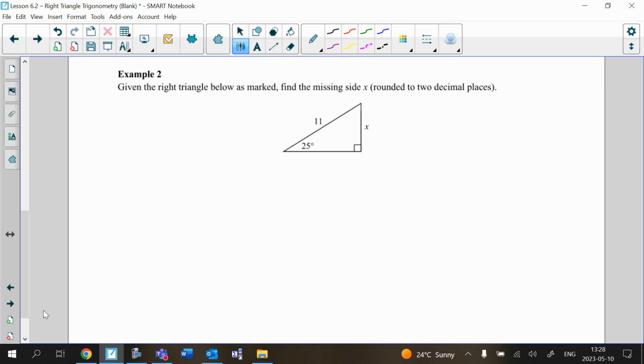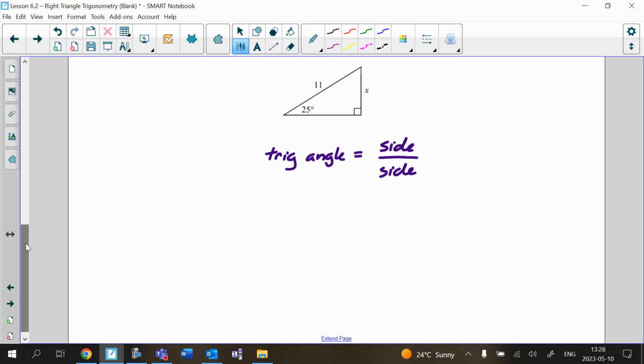It's going to be one of the 3 trig ratios, then the angle equals some side length over another side. That's the framework, how it's always going to set up. We're going to know 2 of the 3 pieces of information, and we use algebra to solve, or find, the third. So in this case, this is the angle I'm dealing with, 25 degrees.